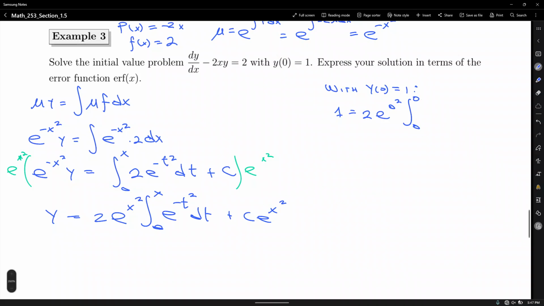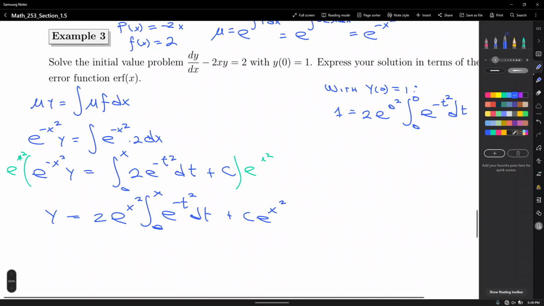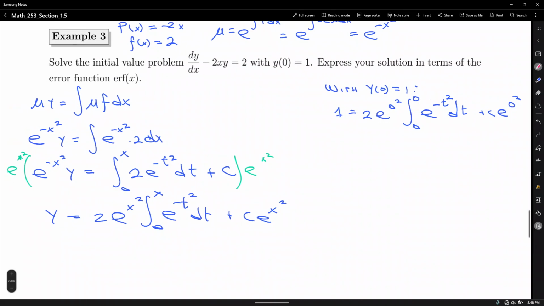What's the integral from 0 to 0 of any function? 0. So e to the negative t squared dt, plus c e to the 0 squared. This means this whole madness right here equals 0 because of the integral from 0 to 0.